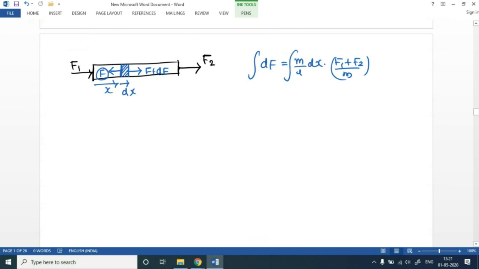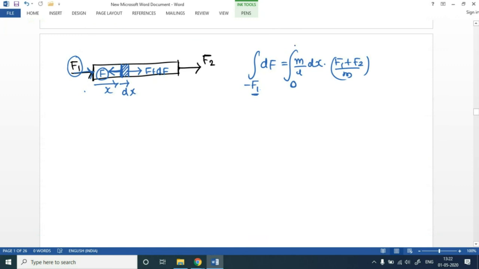When we integrate over here, let's look very carefully at how to put the limits. At x is equal to 0, what would be the value of force? Here we have defined f as elongative stress, but at x is equal to 0, this f1 is compressing it. So I must put the initial value of f at x is equal to 0 as minus f1, because the positive sign of f we have taken for elongative stress, and at x is equal to 0, f1 is a compressive stress, so we have assigned a minus sign.